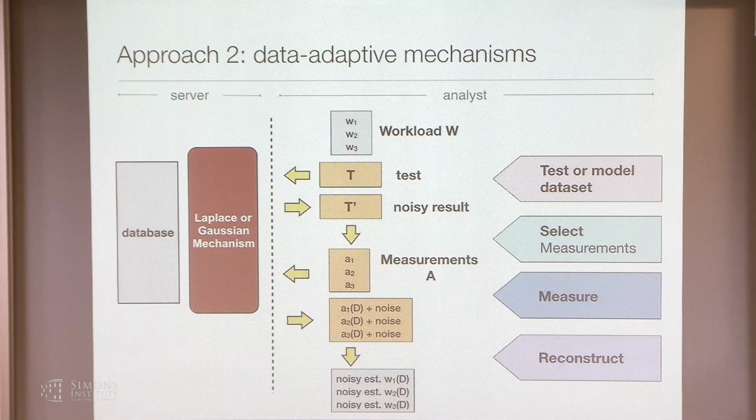In the multiplicative weights exponential mechanism algorithm, the inspiration is: don't measure stuff you already know, or where your current estimate is good enough for this query, so don't spend more of your privacy budget learning more about the answer to that query.